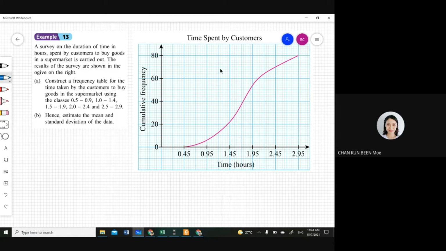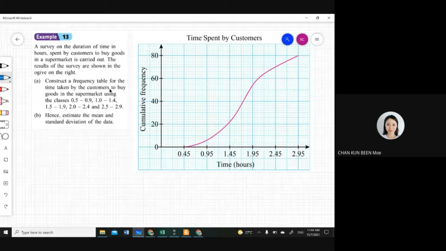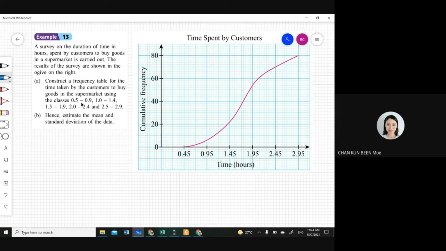So you can look at the ogive. A, construct a frequency table for the time taken by the customer to buy goods in the supermarket using the class of 0.5 to 0.9, 1.0 to 1.4, and so on. So you can see over here the total of the classes that we have are 5 classes.